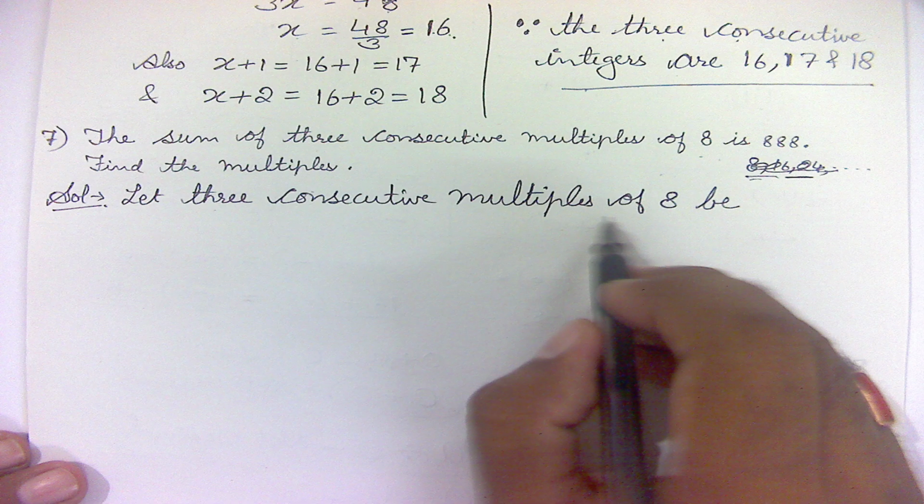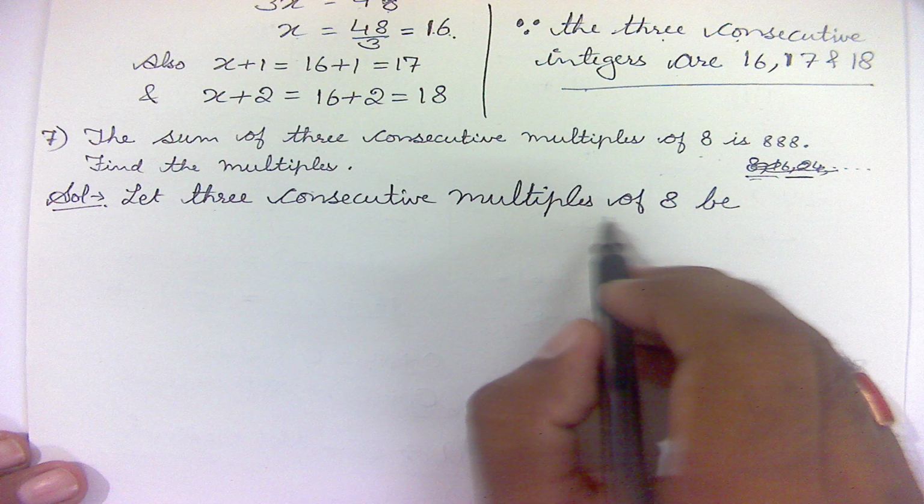And secondly, what you can do here, that I'll just tell you, there are multiples of 8. So when it is multiples of 8, we take them as 8x to indicate that this is a multiple of 8. Then next will be 8x plus 8, and the third one will be 8x plus 16.